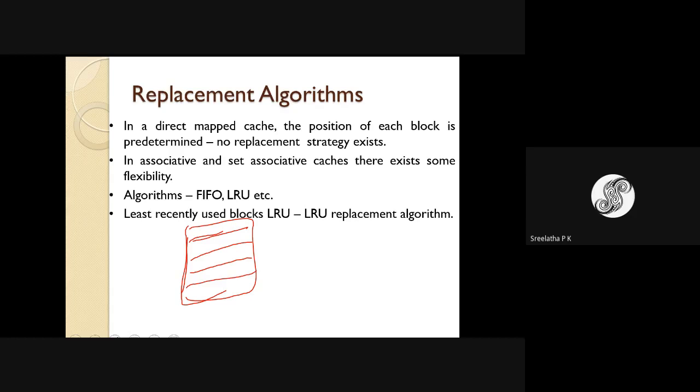In direct mapping, I directly know which block I have to place the main memory block in. For example, block 17, I know directly where it goes. So in direct mapping there is no need for a replacement algorithm.